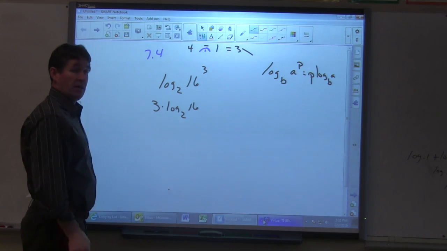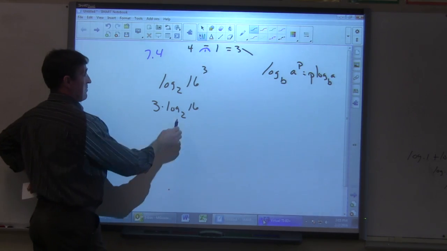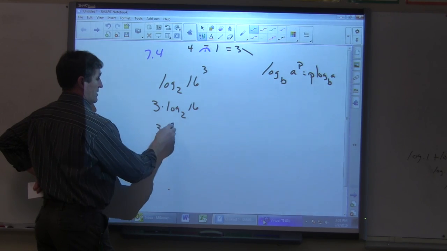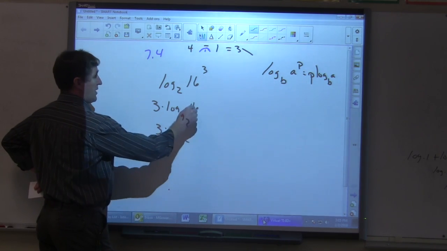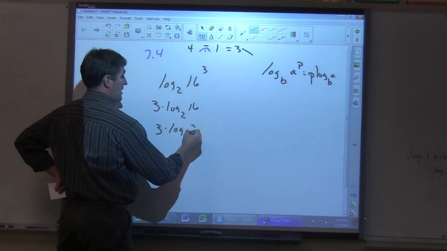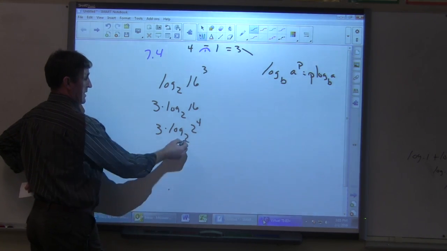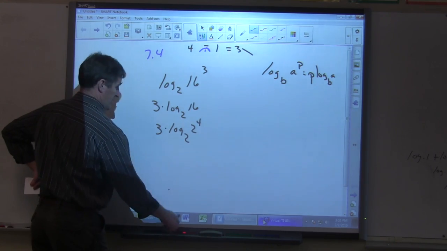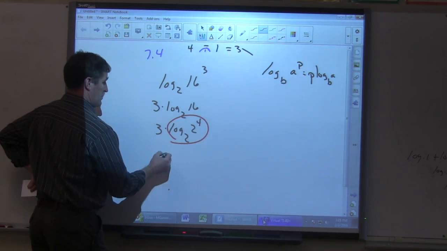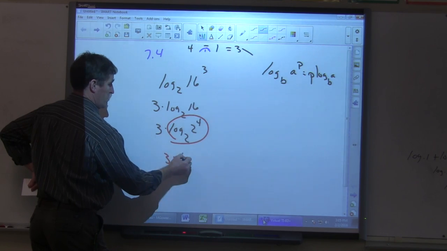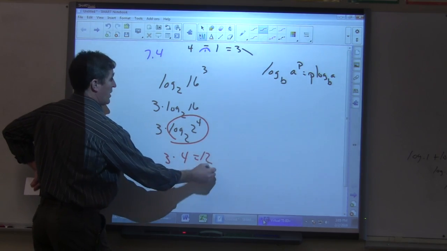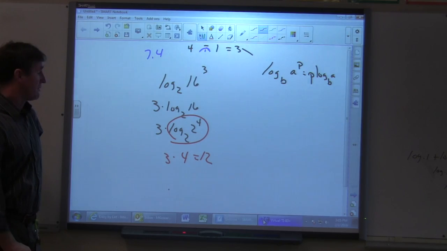Now we have a couple ways we can do this. From here, I can write 16 in base 2, so that becomes 2 to the 4th. And because these are the same, this becomes 4, and 3 times 4 is 12, and so the answer is 12.